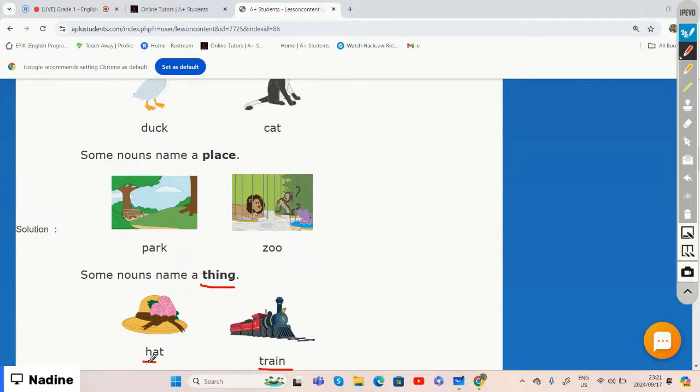Those are things. It can be toys or general things that you basically just see. So a noun names all of those things. Once again, a noun names a person, a place, a thing, and an animal.